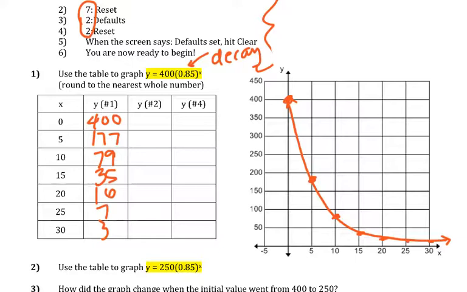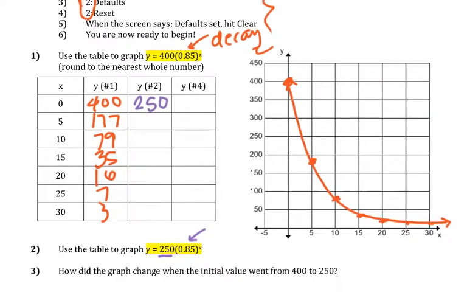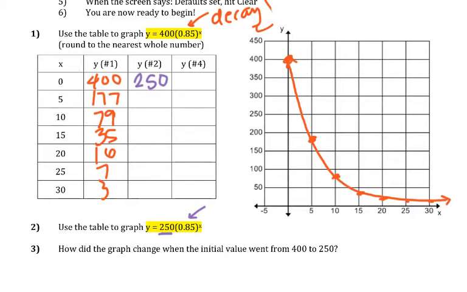Okay, now number 2, it says use the table to graph this new equation. So we're changing the 400 to a 250, but the 0.85 is staying the same. So my rate is staying the same. So these are dropping at the same rate, but we're going to start this one lower. So I know that my y-intercept should be 250 when I do this. So you're going to type in this equation, so y equals menu, and then you're going to type in 250 times 0.85, and then to the x power.